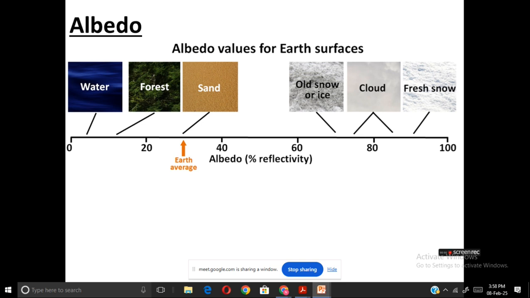Now let's see another important parameter, which is known as the albedo. So albedo is basically the percentage of radiation that is being reflected by the earth or some surface. So suppose there is 100 percentage of incoming solar radiation.